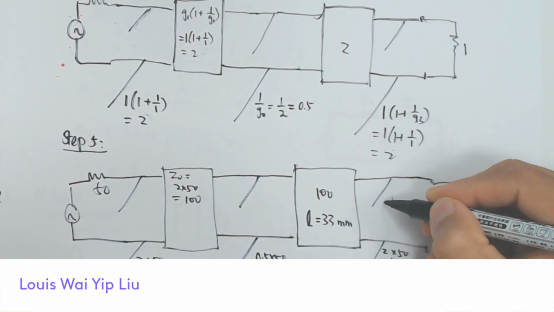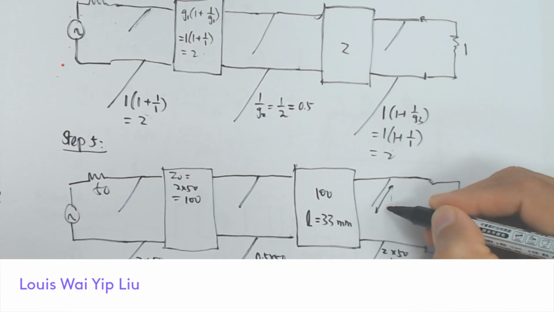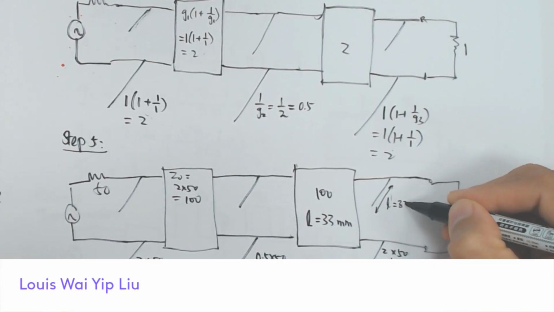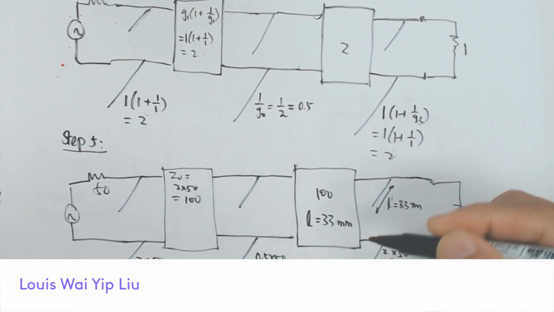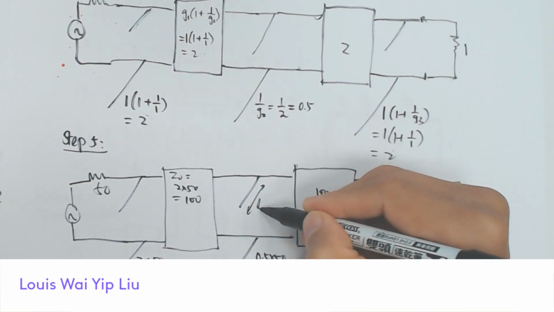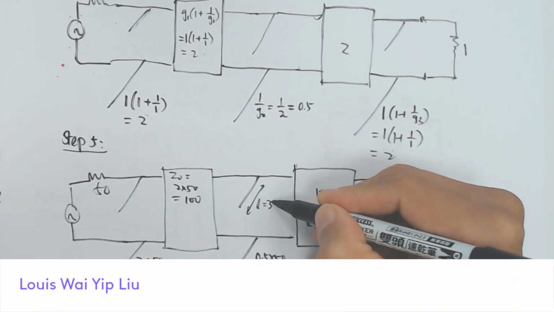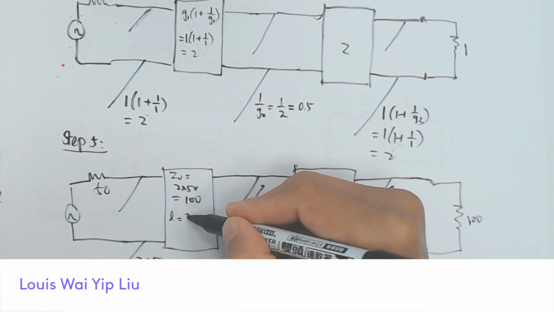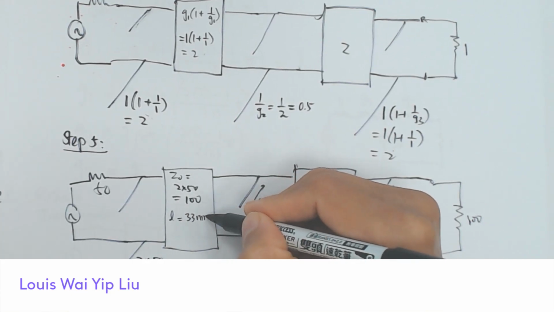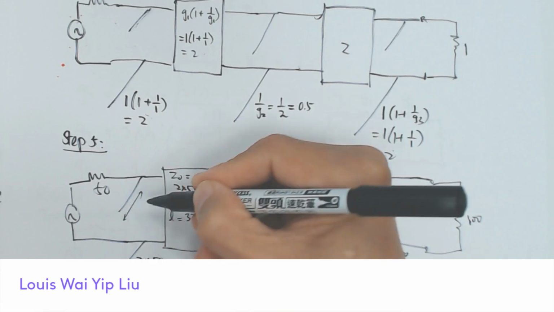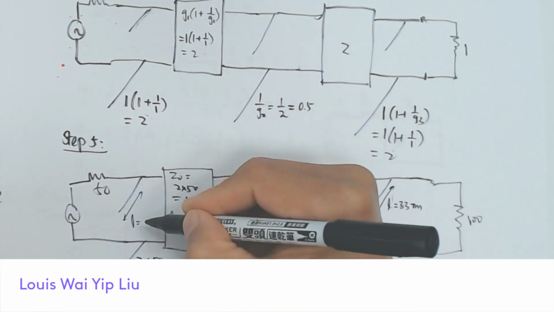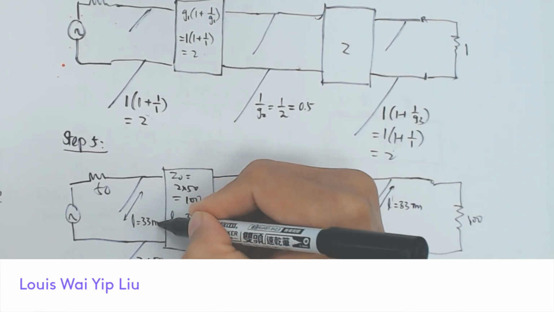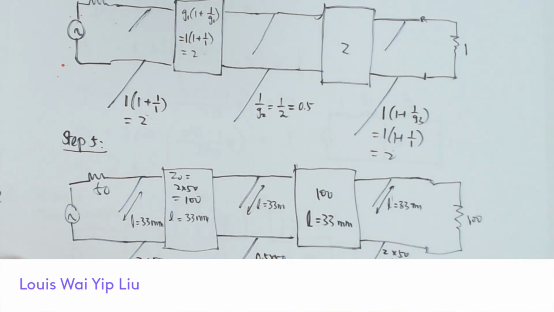The length here is 33 millimeter. And the length here is 33 millimeter. And the length here is also 33 millimeter. So the filter design is done.